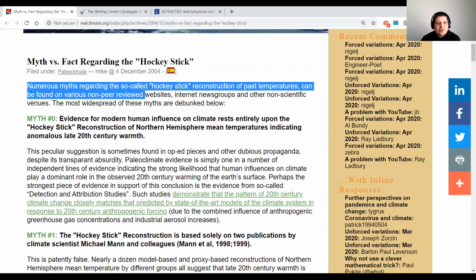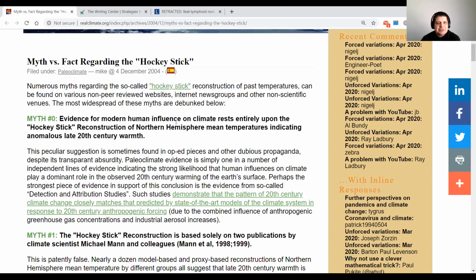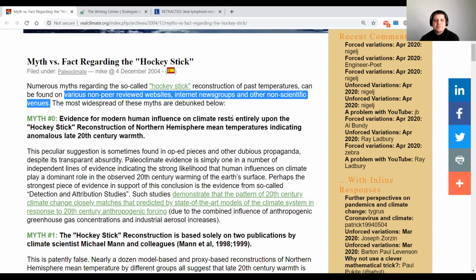Numerous myths regarding the so-called hockey stick reconstruction of past temperatures can be found on various non-peer-reviewed websites, internet news groups, and other non-scientific venues. As with Pierce, the source of the data is very important to Mann, and he makes certain rhetorical claims about that. Peer review, as you may know, is a process where experts in the field look over conclusions and articles and data and say, is this worth publishing?